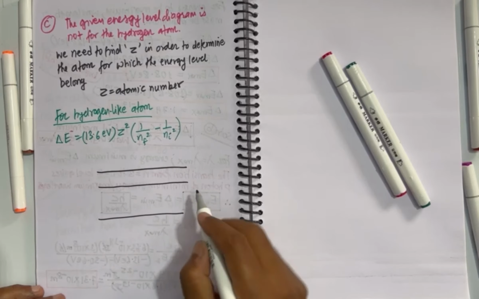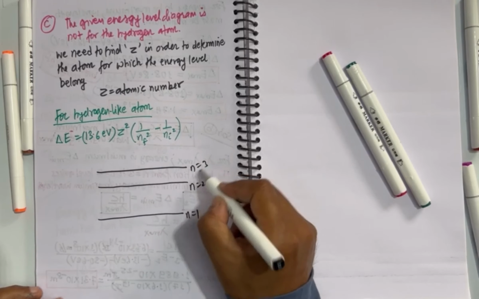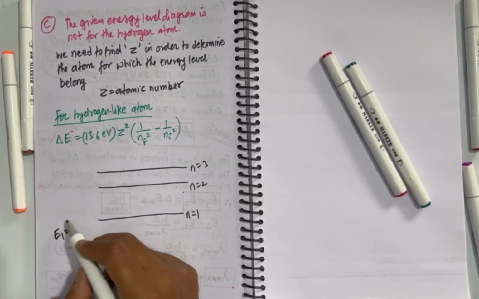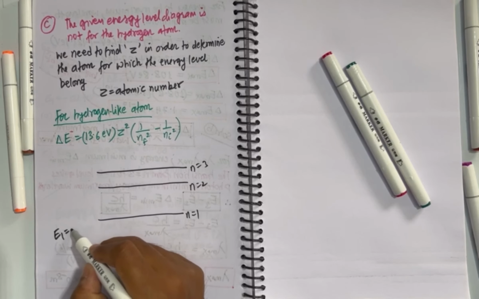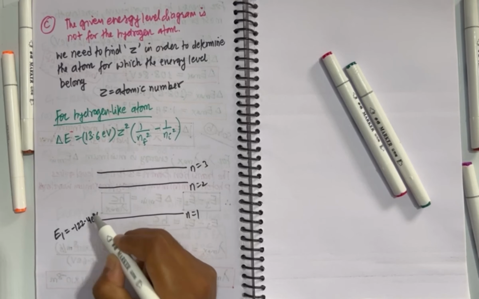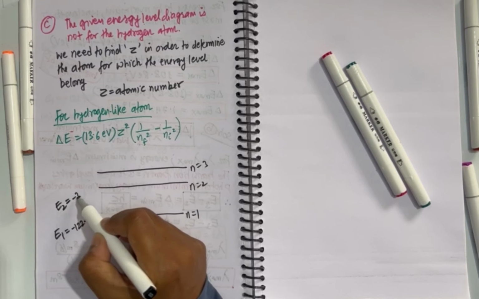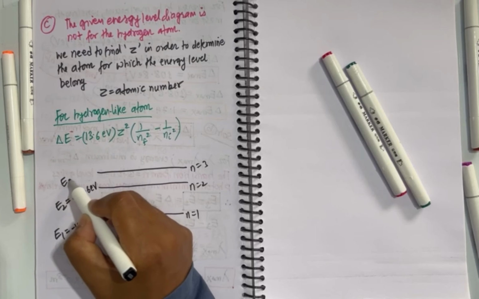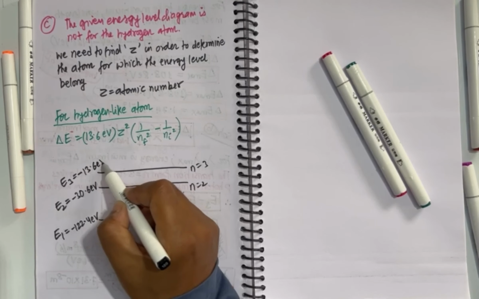This is n equals 1, this is n equals 2, this is n equals 3, and we know E1 equals minus 122.4 electron volt, E2 equals minus 30.6 electron volt, and E3 equals minus 13.6 electron volt.